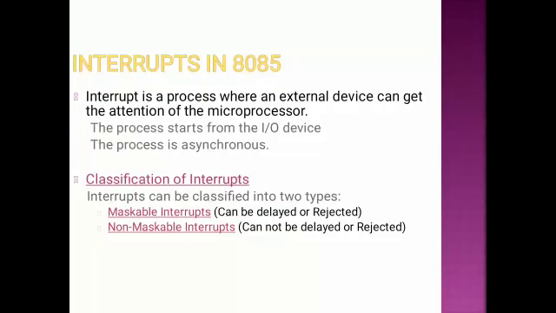The process starts from the input-output device, and this process is asynchronous. Asynchronous means the speeds of the two devices don't match. Classification of interrupts: maskable or non-maskable. Maskable interrupts can be delayed or rejected. Non-maskable cannot be delayed or rejected.